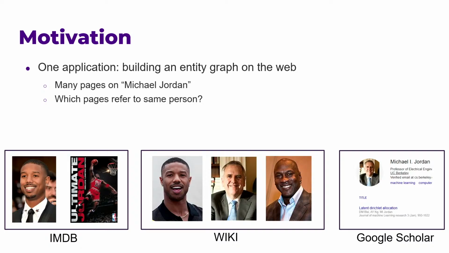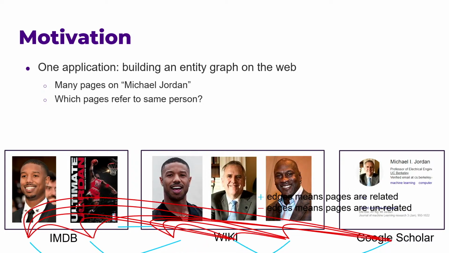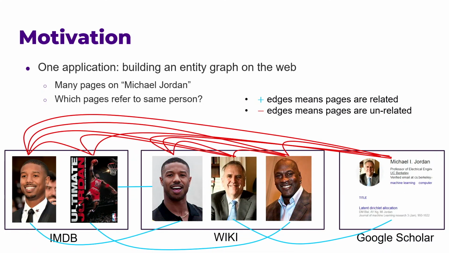So what we do is first run some algorithm trying to figure out which pages are related or not. For example, we figure out that in IMDb, this actor page is related to this wiki page. In this process, we may make some mistakes. For example, this actor Michael Jordan, we related to the basketball player. It's wrong, so we need to do something extra.